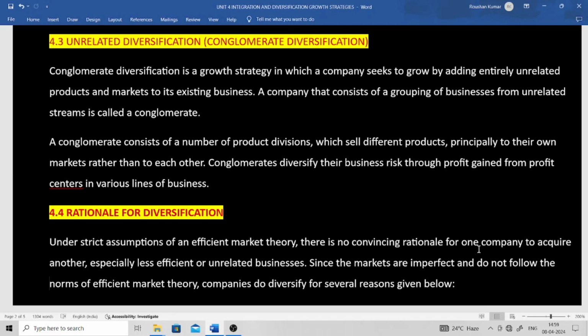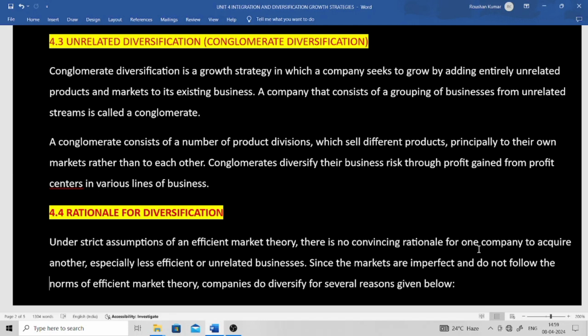A company that consists of a grouping of businesses from unrelated streams is called a conglomerate. That's why the name is given. Whenever there is diversification into unrelated industries by the organization, that is known as conglomerate diversification.